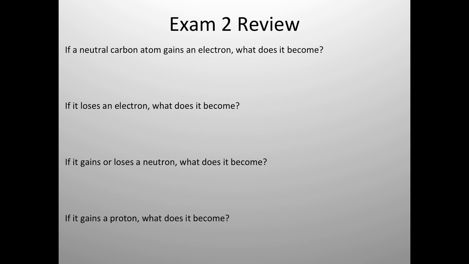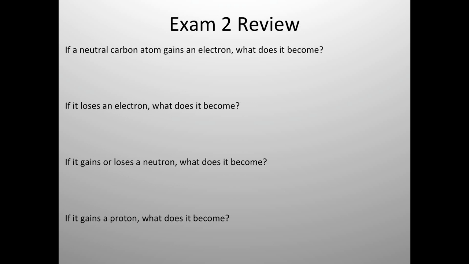So if we take a neutral carbon atom and give it an electron, what does it become? That means that it's not gaining a lot of mass, but it is gaining some negative charge. And if it was originally neutral, that means that it had the same number of protons and electrons before, because protons have a fundamental charge of +1, electrons have a fundamental charge of -1.